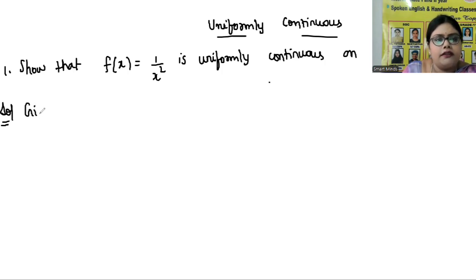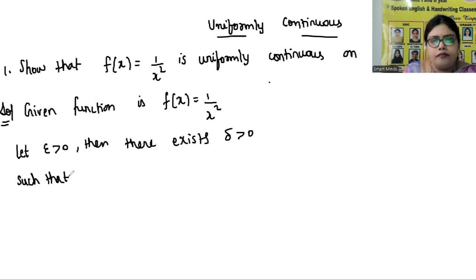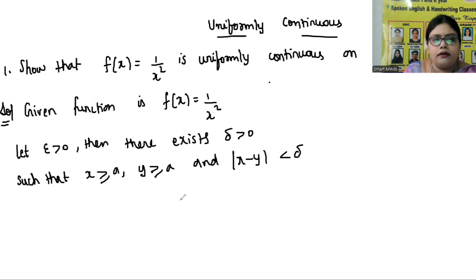So first let us write the given function. So given function is f of x is equal to 1 by x square. Let epsilon greater than 0, then there exists delta greater than 0 such that x is greater than or equal to a, y is greater than or equal to a, and mod x minus y is less than delta.